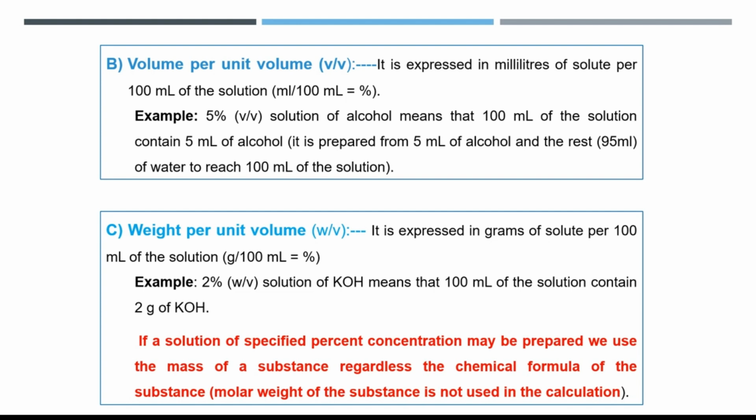Whenever you are preparing percent solutions during practicals, or you are getting problems on how to prepare a percent solution, you will consider the mass of the solute, not the chemical formula or molecular weight of your solute, because percentage means parts in 100 ml, molarity means moles in 1000 ml. So you will not consider the molecular weight in percent solution preparation.